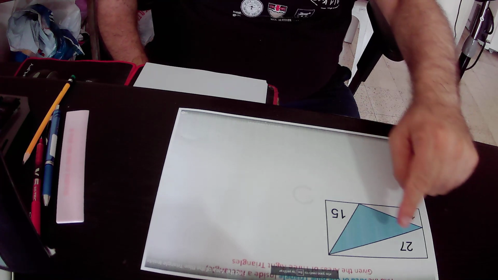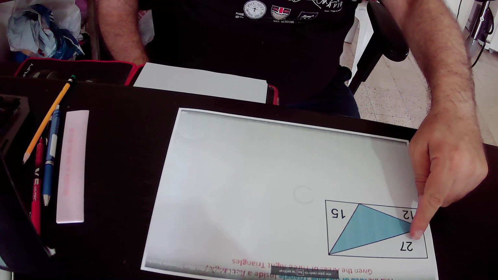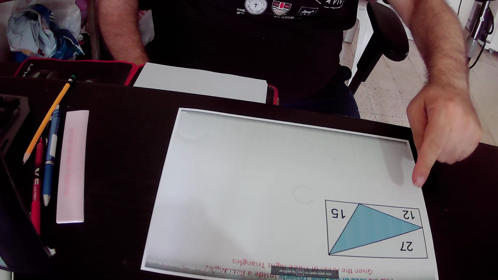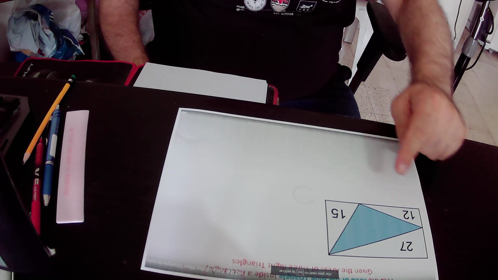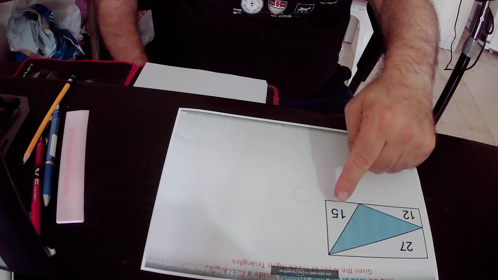The areas of the three right triangles are given to us. The area of this right triangle is 27 units, the area of this right triangle is 12 units, and the area of this right triangle is 15 units.